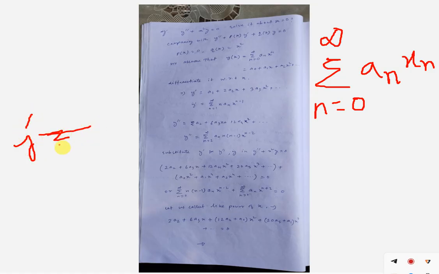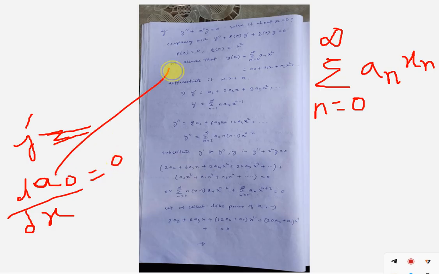So y dash will be equal to a1 plus 2a2 x plus 3a3 x square. Why? Because the differentiation of a naught, d of a naught divided by d of x, will be equal to 0 because this is a constant.